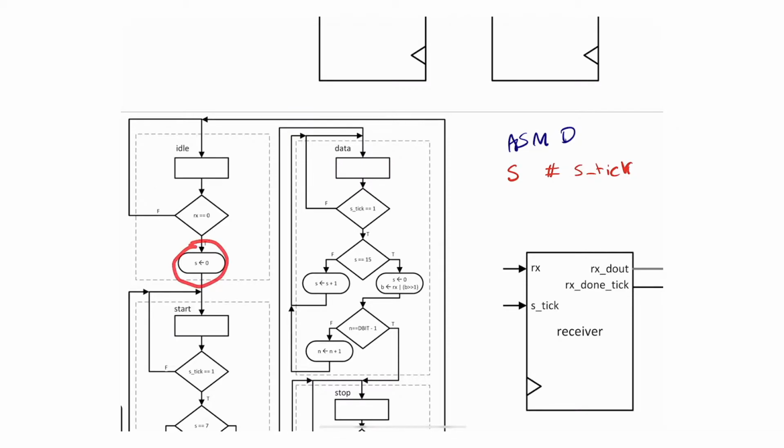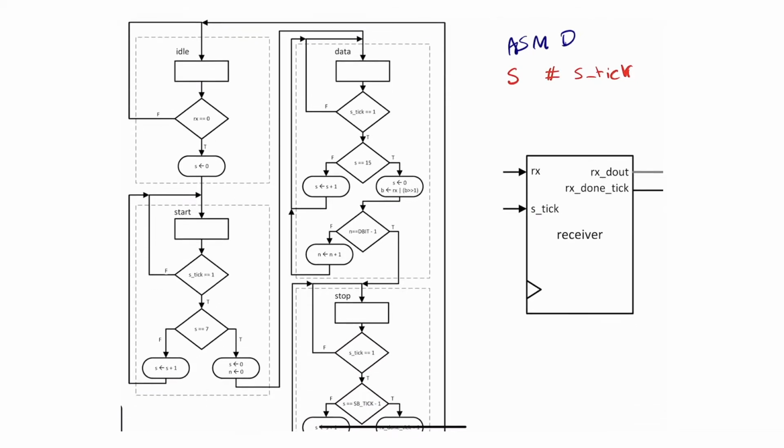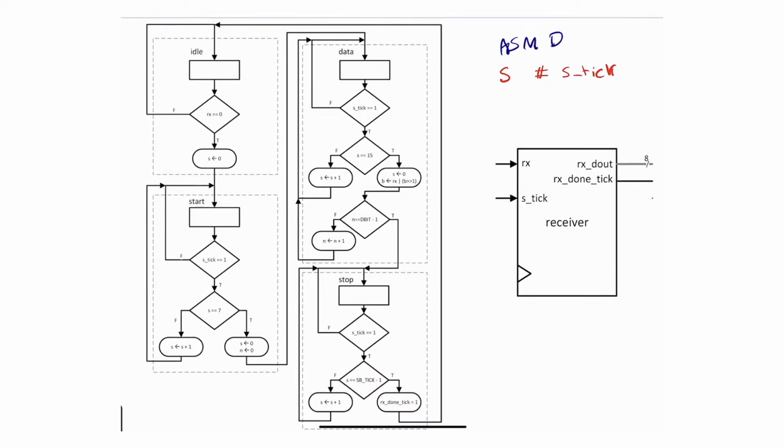Well, I put the number 0 in it. Why did I put the number 0 in it? Because I want to know how many ticks happen. And remember, in a start bit, what I'm trying to do is detect that middle point, so that from now on, if I count 16 ticks, I'll be in the middle of each one of the data points. Of course, what this tells me is the minute you get RX equals 0, S will be 0.